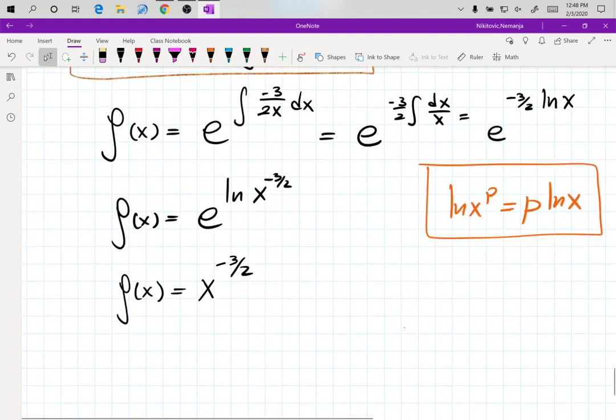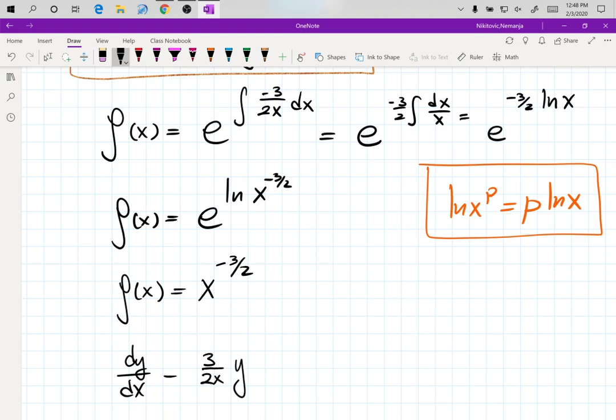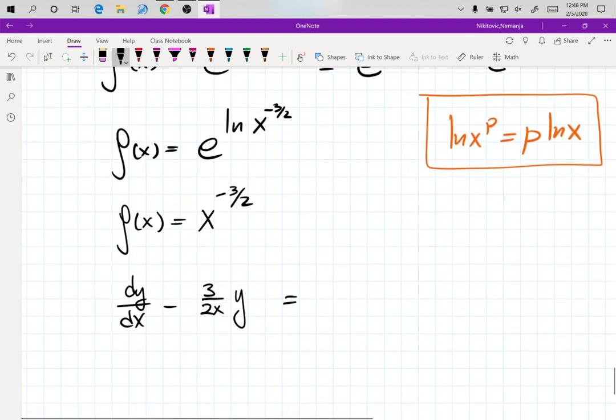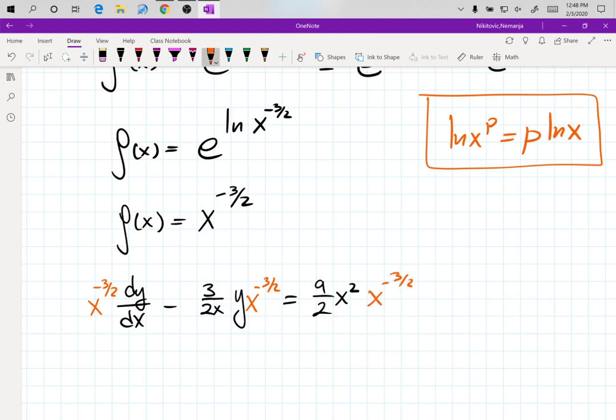So we have dy dx minus 3 over 2x times y, leave some space, equals the simplified 9 over 2 x squared. Now you multiply through by x to the -3/2, x to the -3/2, x to the -3/2.